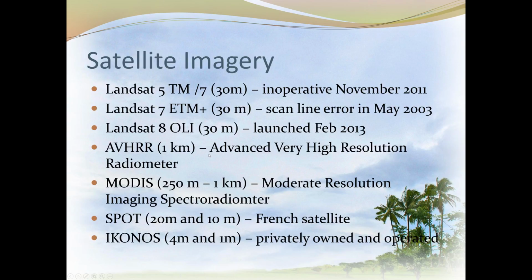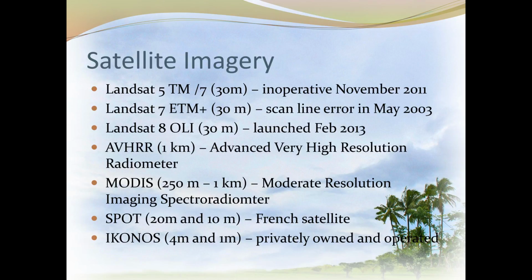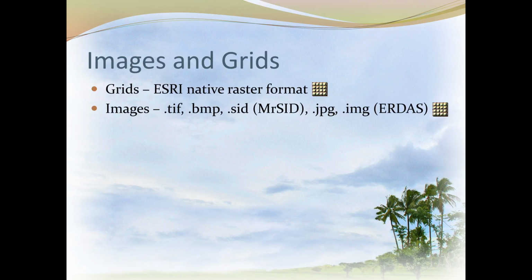AVHRR, the advanced very high resolution radiometer, a lot of people use this, and MODIS, the moderate resolution imaging spectroradiometer, and SPOT is a French satellite, and IKONOS is privately owned and operated. They do provide nice information, but you do have to spend money to buy it.